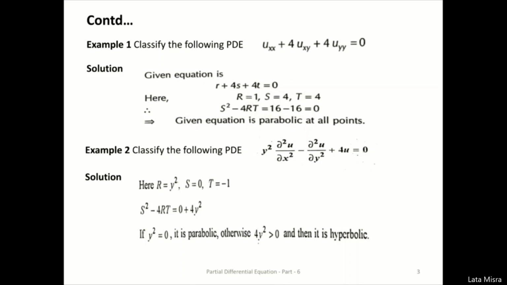Now see the next example, y square del 2 u upon del x square minus del 2 u upon del y square plus 4u equal to 0.